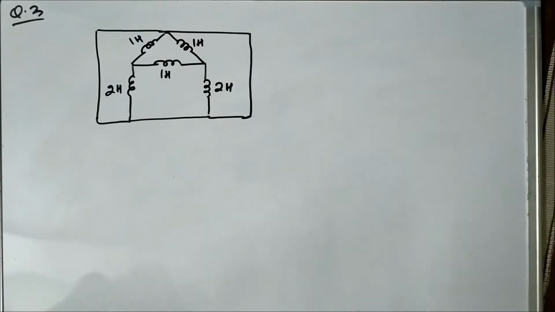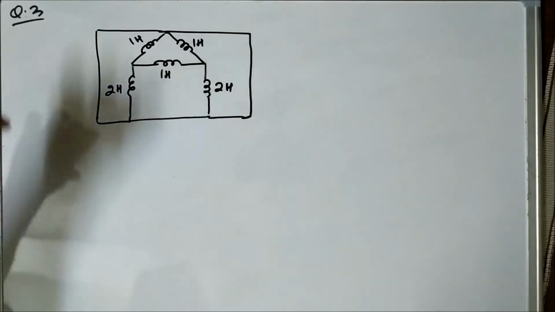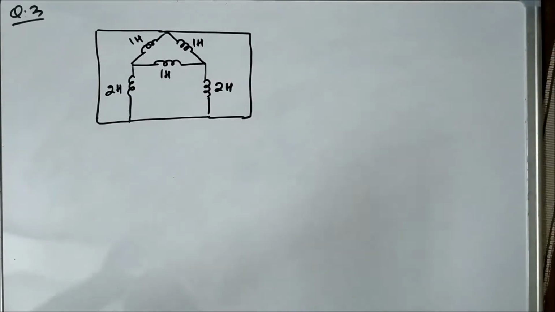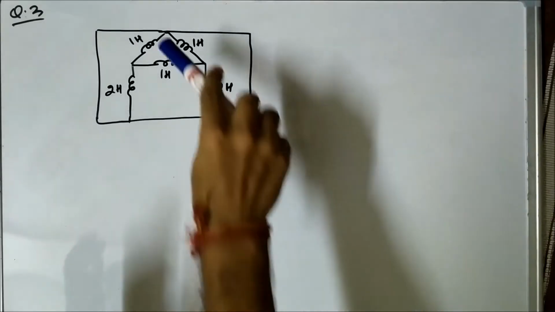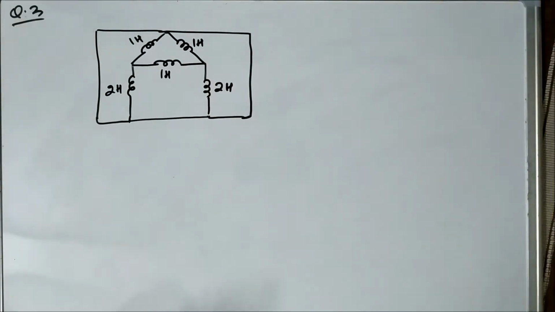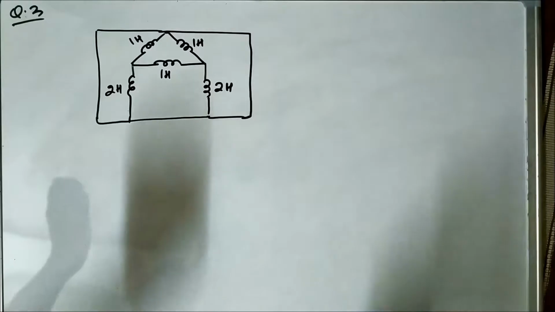As we did in the resistors case, the calculation of equivalent resistance, where two points were shorted, we used an approach of naming the terminals, naming the points.